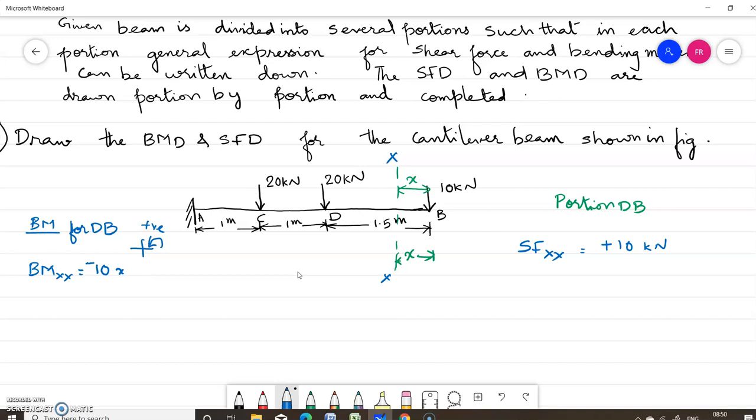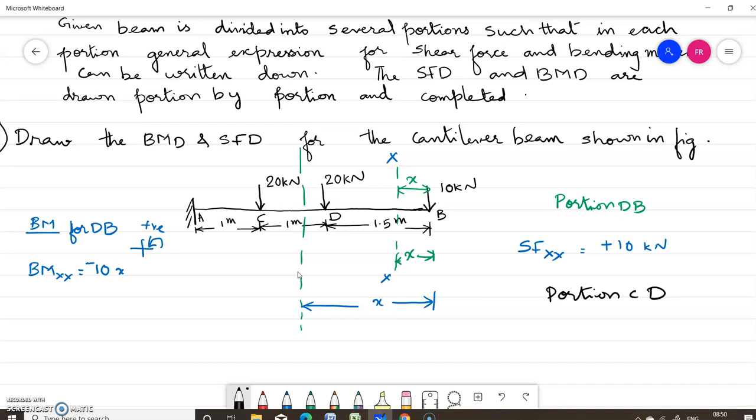Now we consider another section line at a distance small x from the right end B. So next is portion CD.